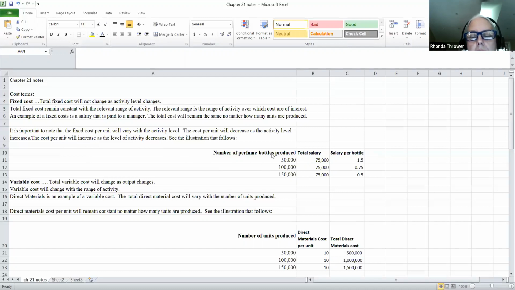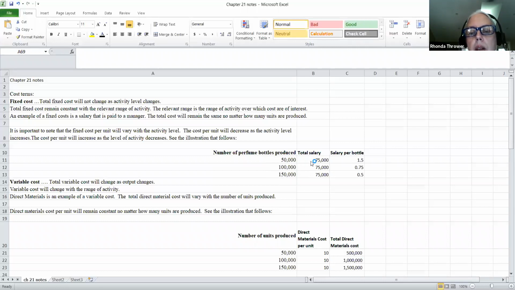And I want you to look at this illustration so that I can show you the difference between fixed cost in total and fixed cost per unit. We're using a factory that's producing perfume bottles, and this is taken right out of your chapter. The number of perfume bottles that they're producing can vary from 50,000 all the way up to 150,000.